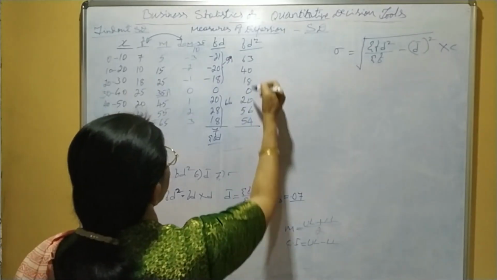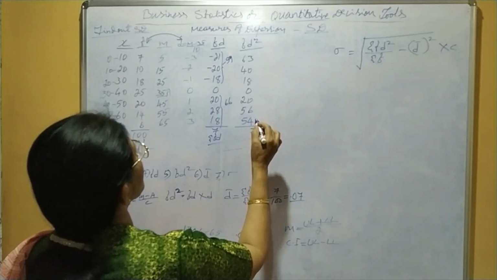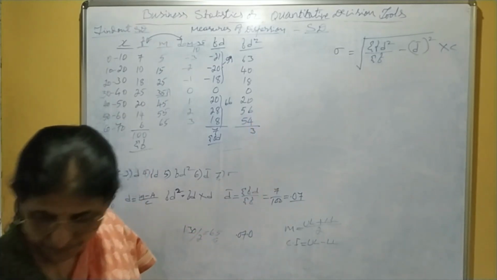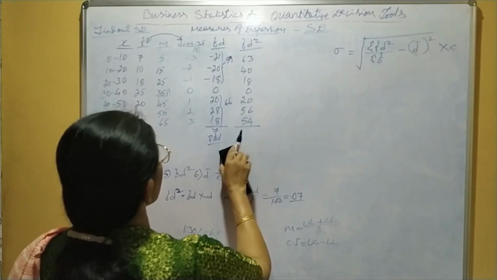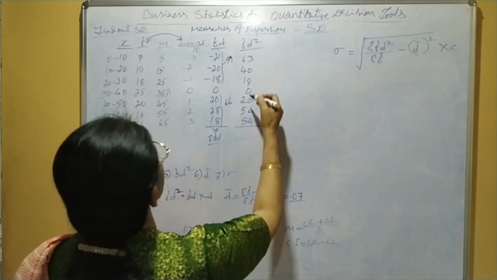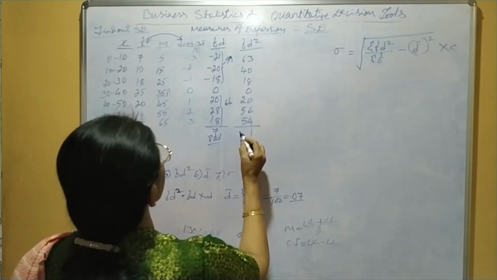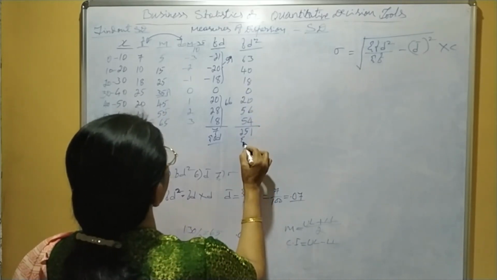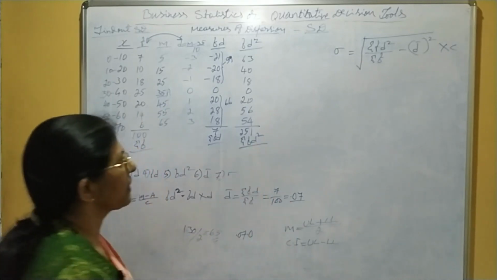Now the total is the same, 251, sigma FD square. Okay.